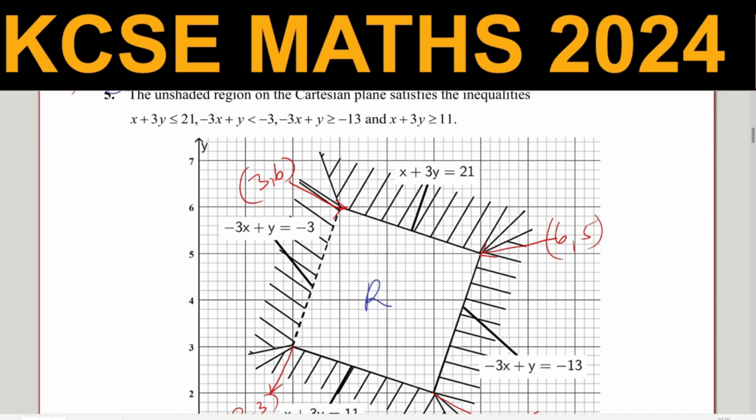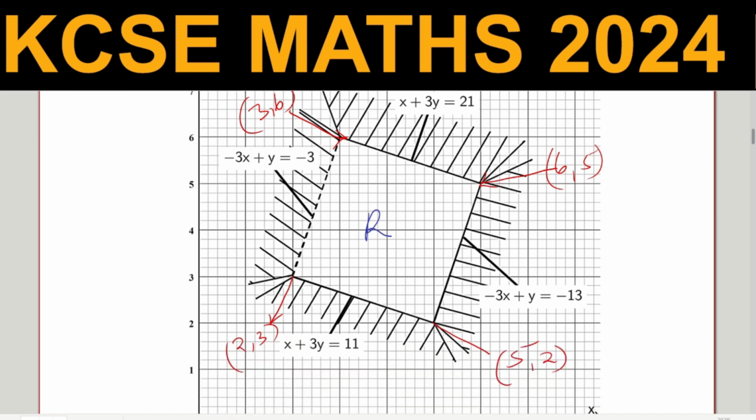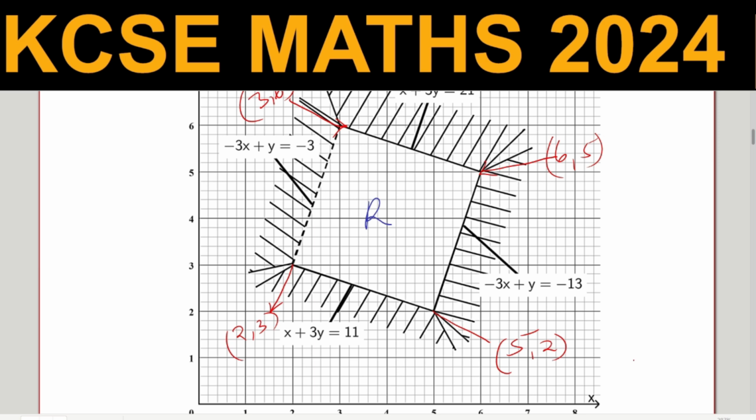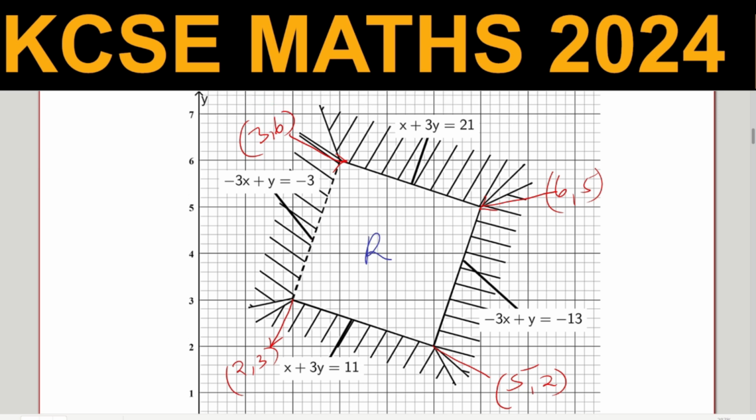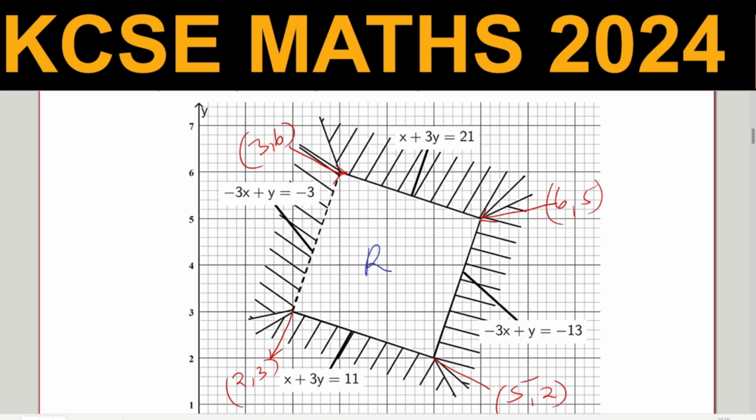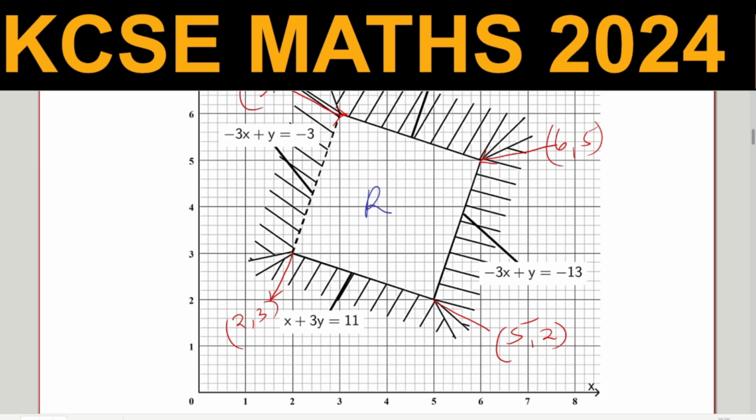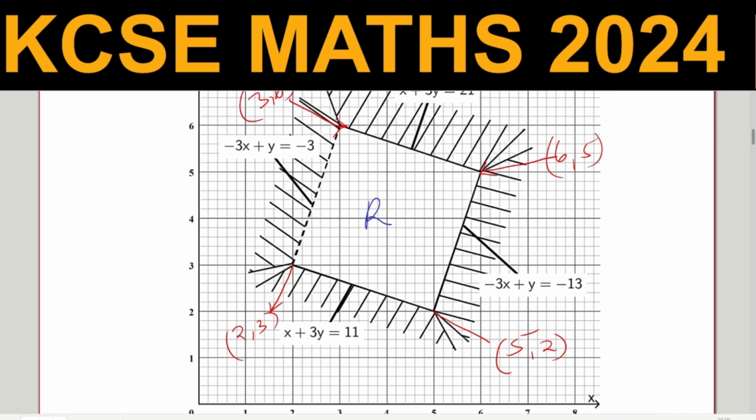For example, I can pick (5, 5), this one, and also this one, (4, 4.5).